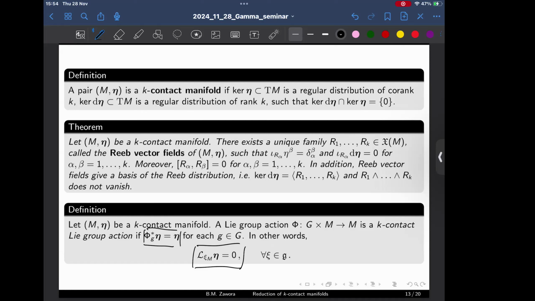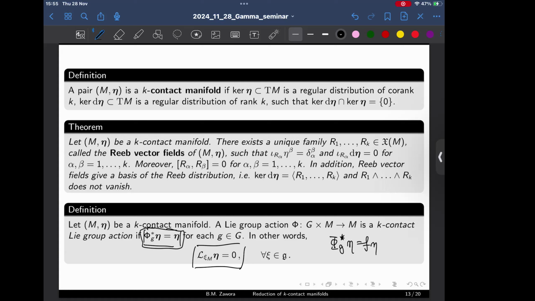We can consider symmetries that do not leave the contact form invariant, but give something proportional, like f eta for a non-vanishing positive function f.